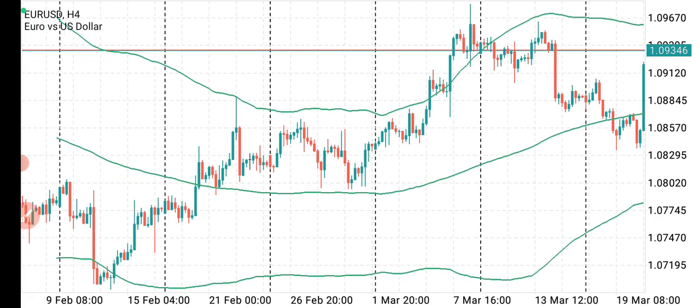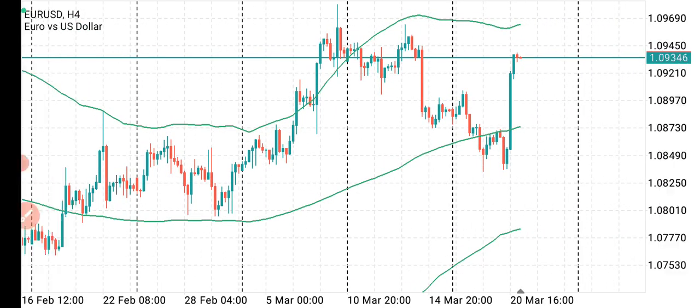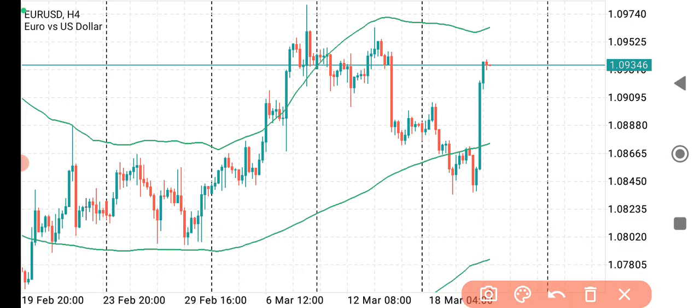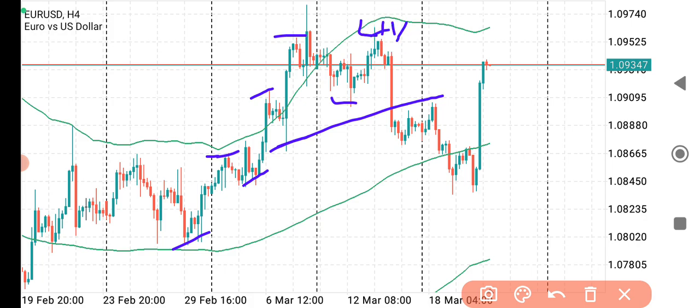Okay, just like what we are having here now, we are having a bullish market. Previously, we were having a higher low, higher high, higher low, higher high, higher low, higher high, and now we are having a break of structure, which is now giving us a lower high, a lower high, and here now we are having a lower low.